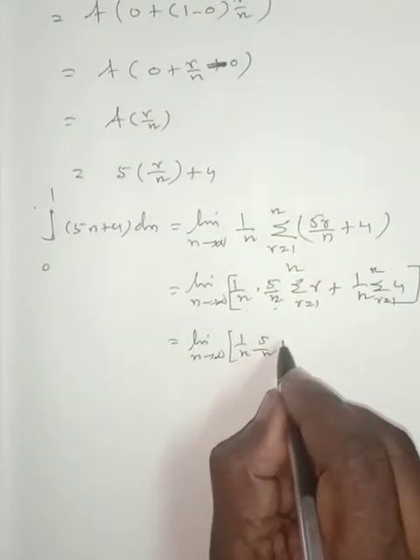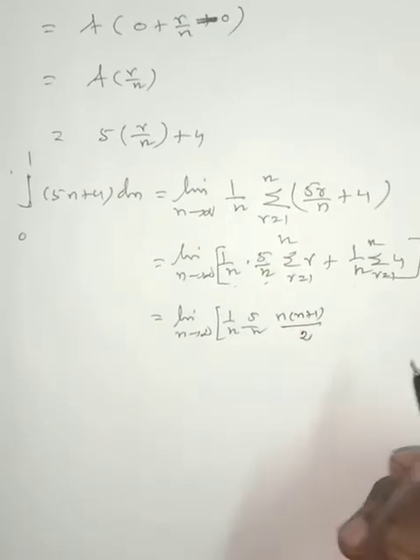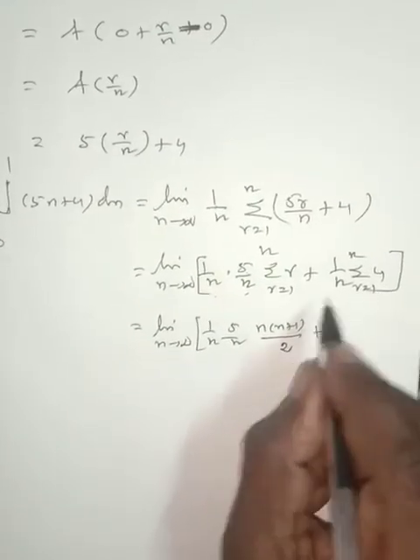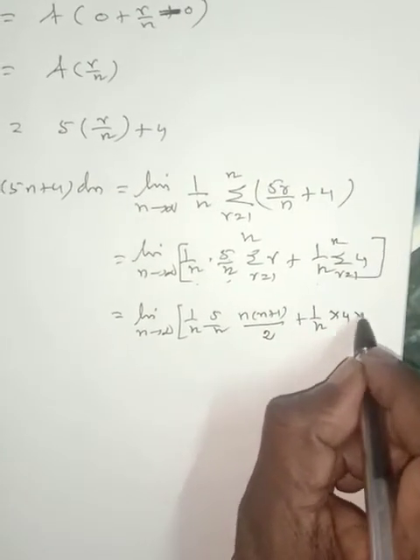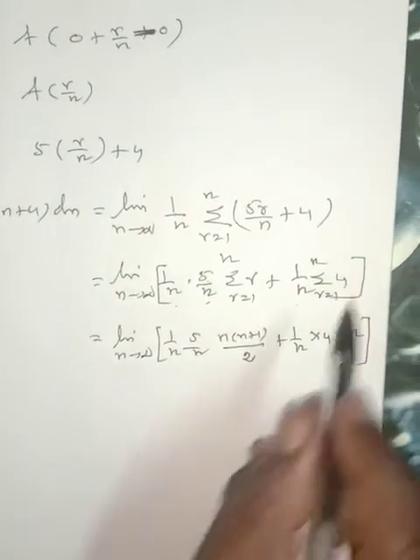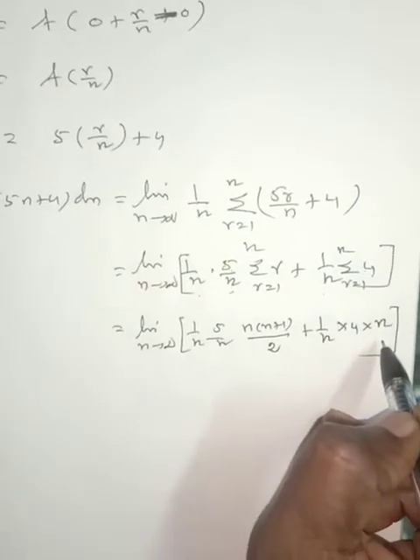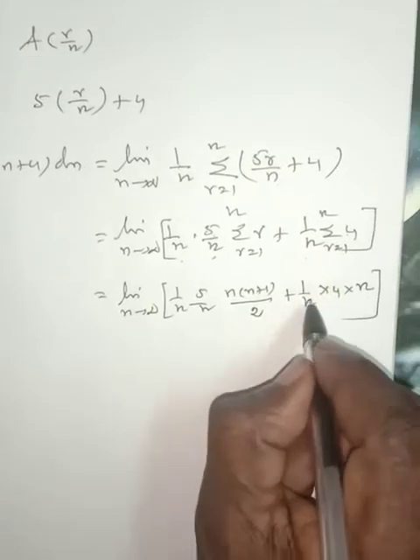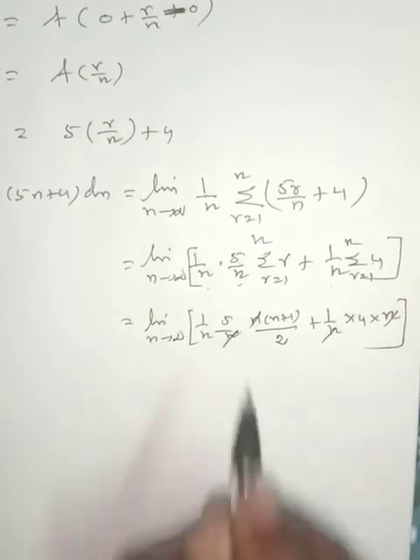So n into (n plus 1) divided by 2, plus 1 by n into 4 into n. Sum of 1, r varying from 1 to n, is 1 plus 1 plus 1 and so on, n times. Therefore n cancels. Here n squared and 1 n cancel.